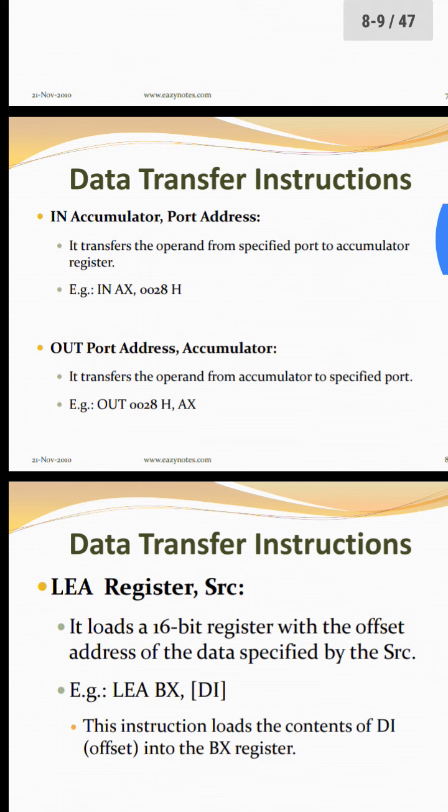The next instruction is the OUT instruction. It is similar to the IN instruction, only the direction of the data is reversed. Whenever the microprocessor wants to write some data to any input output device, it uses the OUT instruction. Whatever data is in the accumulator will be written to the port address 0028H.